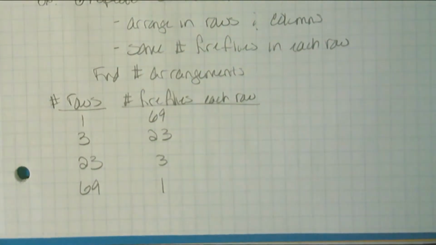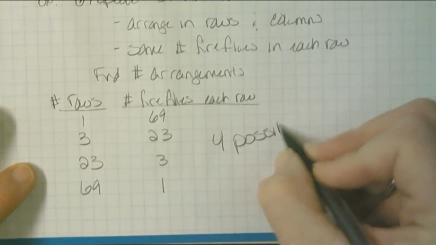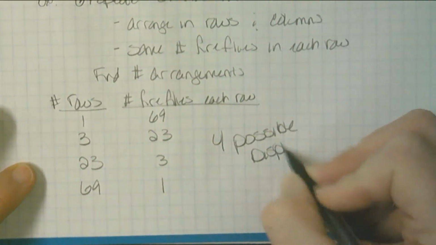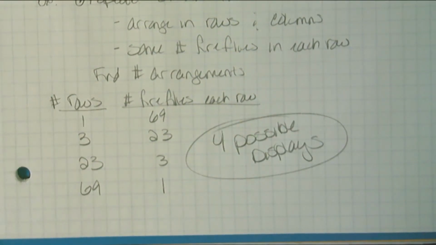So how many possible arrangements do I have then, Ada? Yep, we have 4 possible displays. You guys cool with those? Okay, get your notes out, please. We are going to jump into greatest common factor.